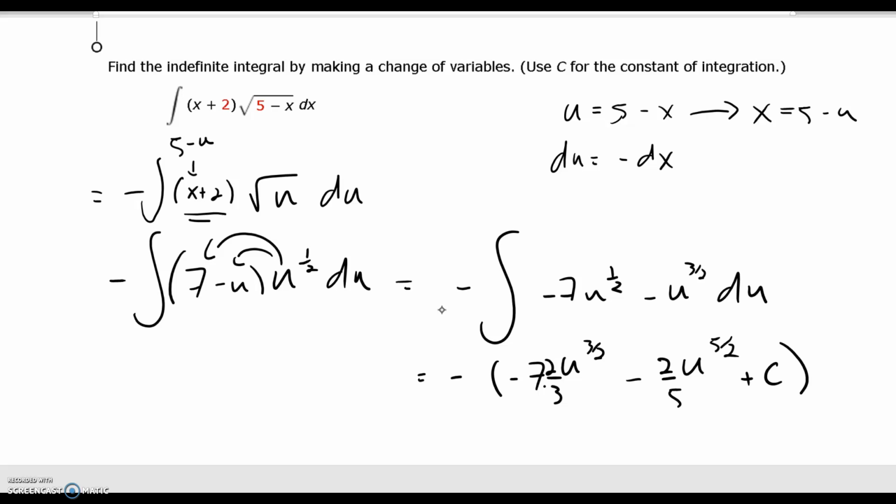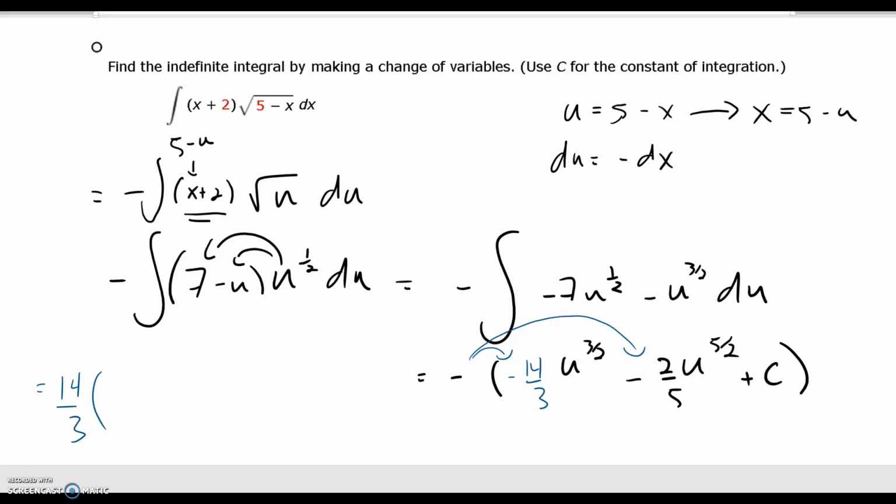That should give me what? 14 over 3. So let me simplify that guy. Negative 14 over 3. And then I could run this negative through. That could be helpful.